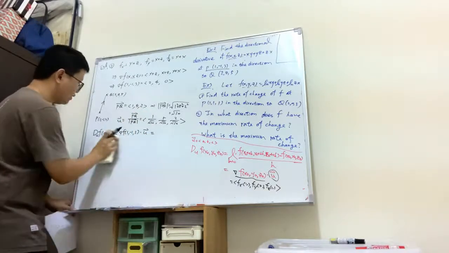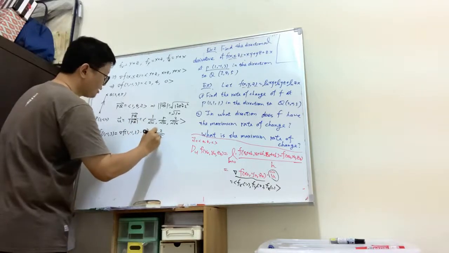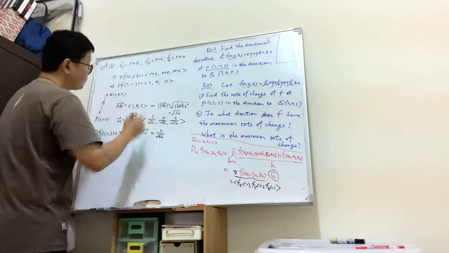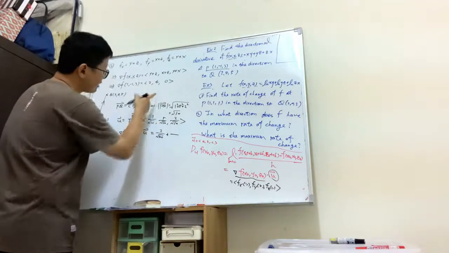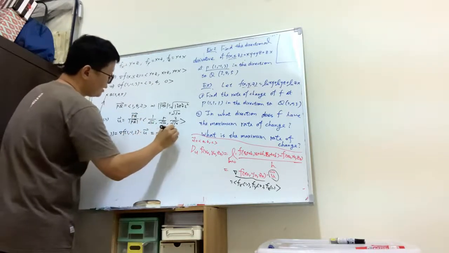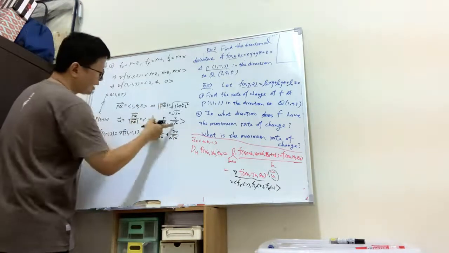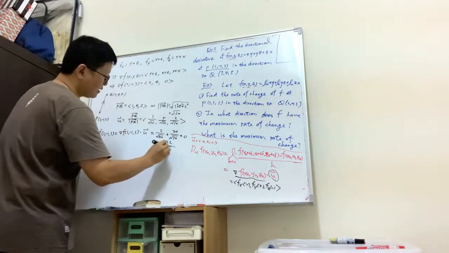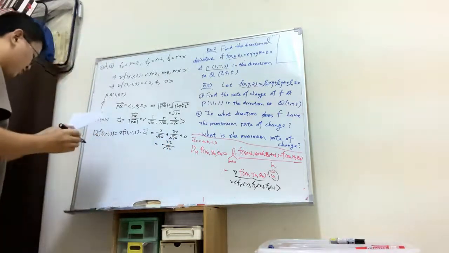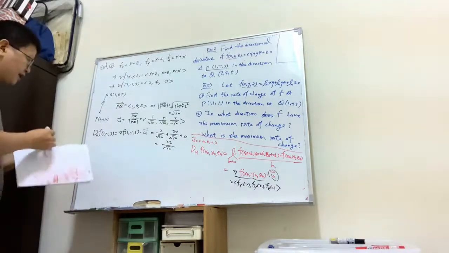So I could write down here: 2 times this guy, so it's 2 over square root of 30, plus 4 times this guy, so it's 4 times 5, 20, divided by square root of 30, plus 0 times this guy, 0. So finally it's 22 divided by square root of 30. This one. So it's the second problem.